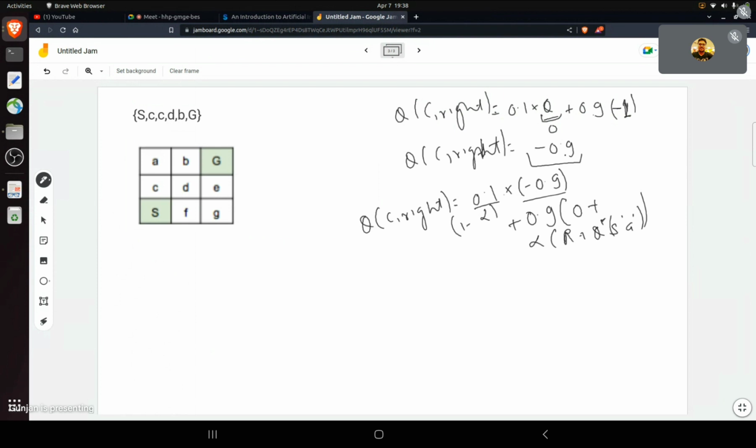After taking the action at C, you end up at D, and the Q values of D are initialized to 0. So the equation looks like 0.1 times minus 0.9 plus 0.9 times 0 plus 0, because the max value for Q(S', A') is 0, where S' is D, because after taking right at C the second time, you indeed move from C to D. So this will become minus 0.09, and that was your answer.